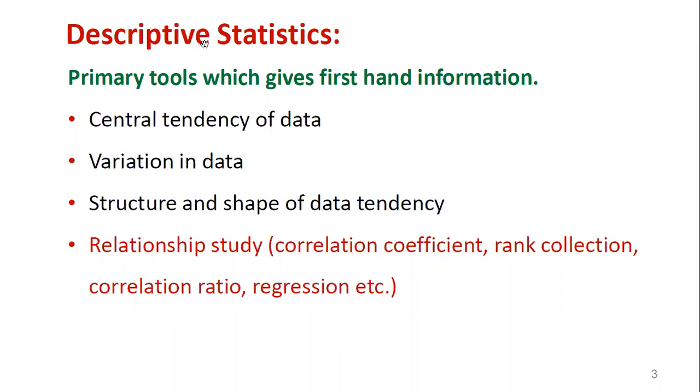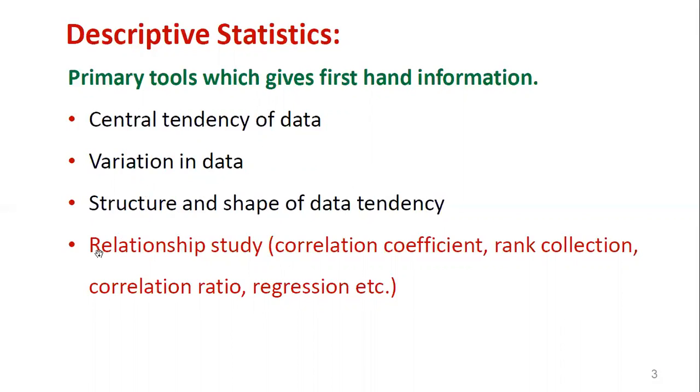The primary tools which give first-hand information, which we covered in the earlier lectures, are central tendency of data, variation in data, and structure and shape of data tendency. So these first three topics we covered in the earlier lectures.